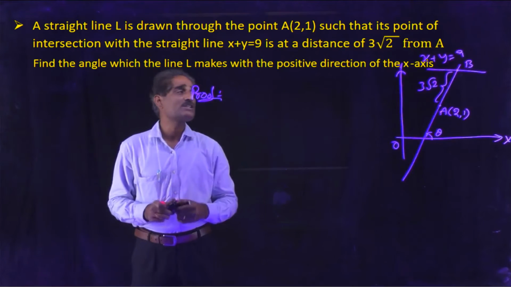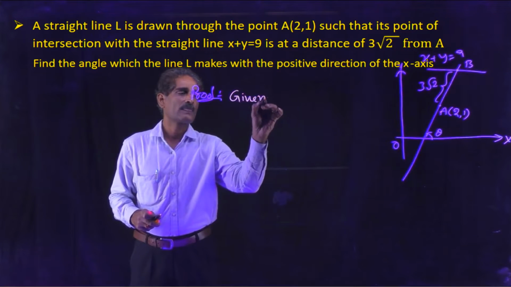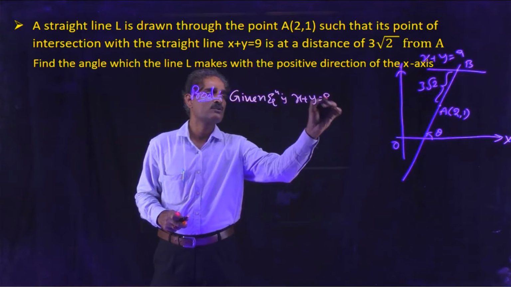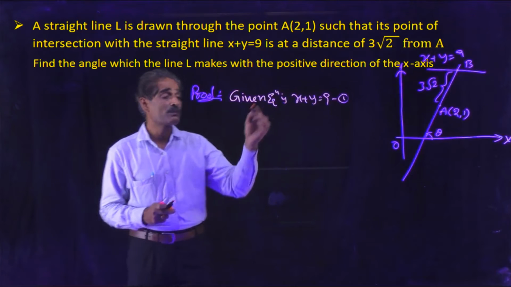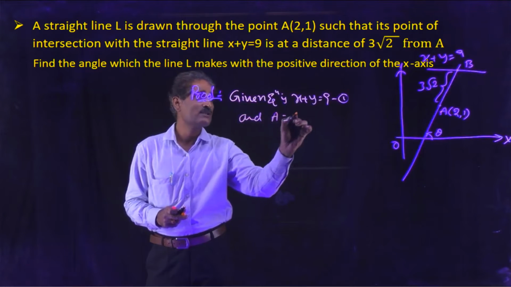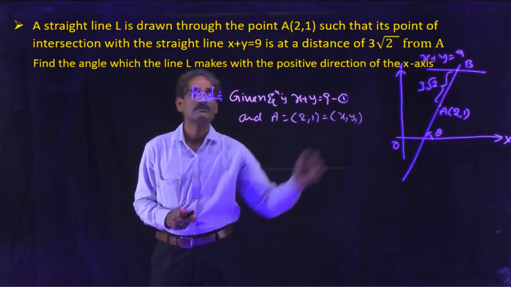The given equation is x plus y is equal to 9. Let us call this equation 1. And the given point is A equal to (2, 1). Let it be (x1, y1).